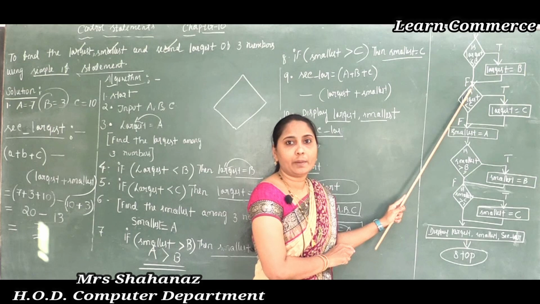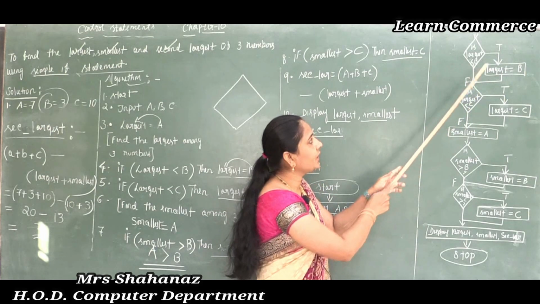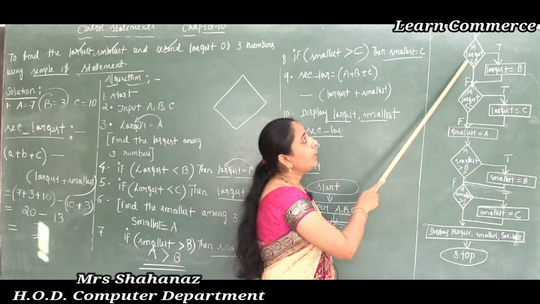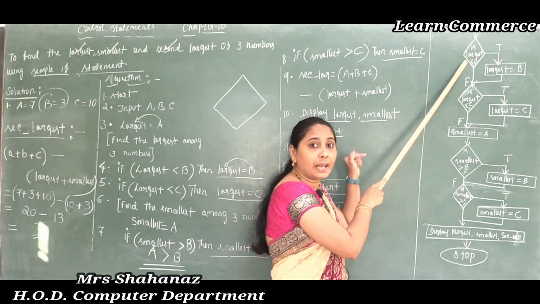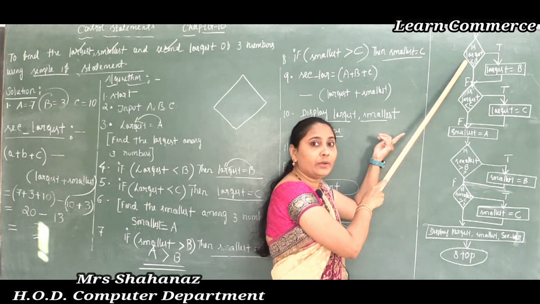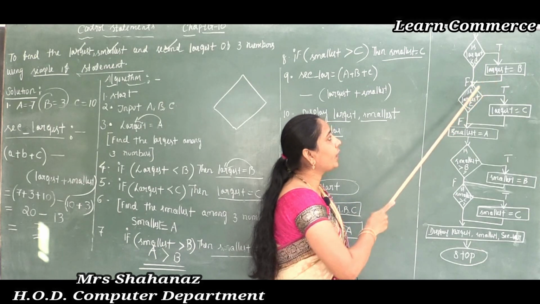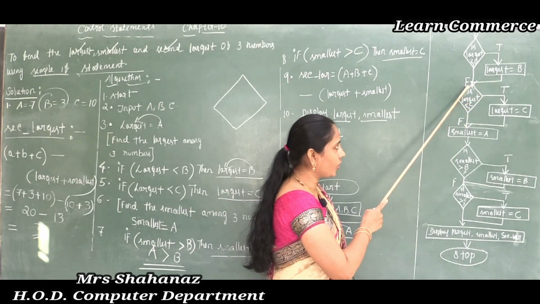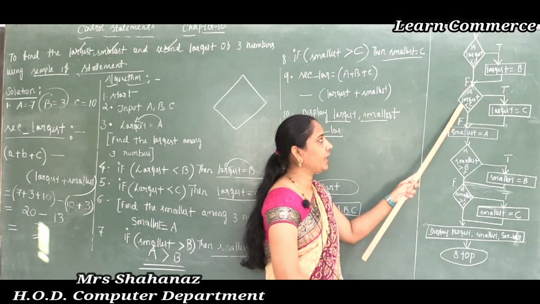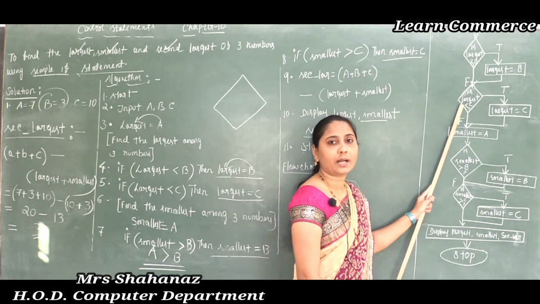Okay kya? Three numbers are that. If the condition is true, that means our condition is largest value is less than B value. If the condition is true, largest value is equal to B. Okay, if the condition is false here, then sure we are going to take the next value, next comparison here.